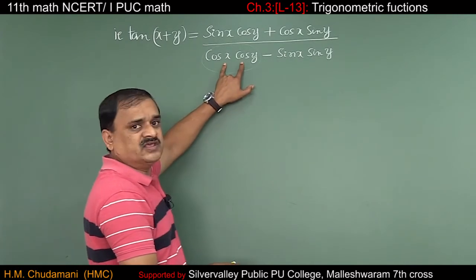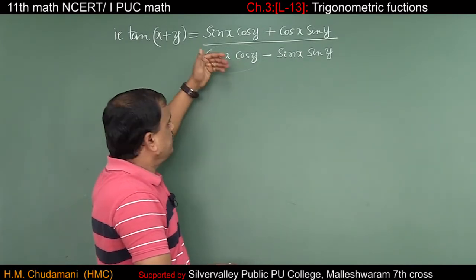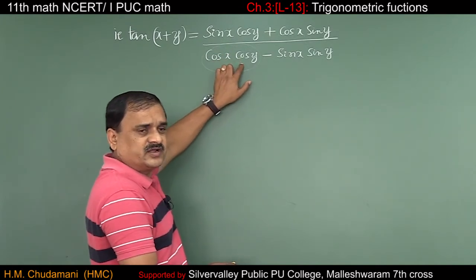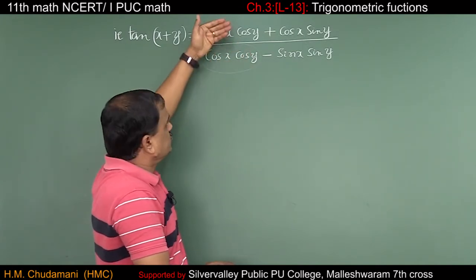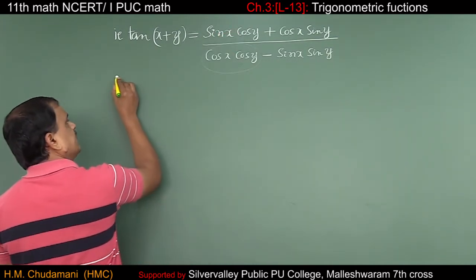I should get 1 here, so you should eliminate this quantity. So divide by cos x cos y. If you divide only the numerator, there will be an imbalance. So divide both numerator and denominator by cos x cos y.